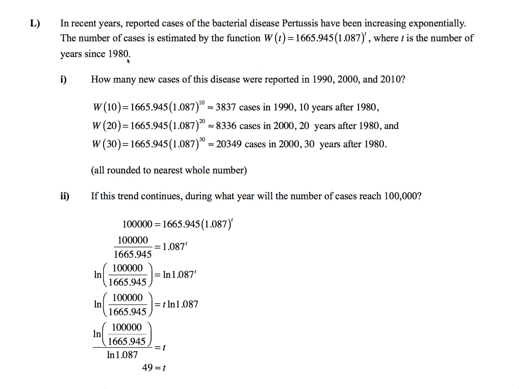So this gives the number of cases, and that's worldwide, since 1980. We're asked how many there were in 1990. Well, 1990 is 10 years after 1980, so we put 10 into the exponent here.